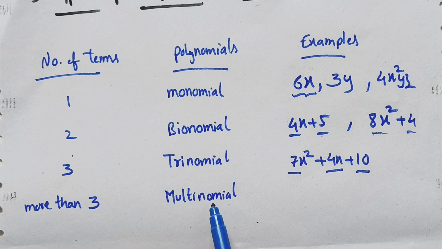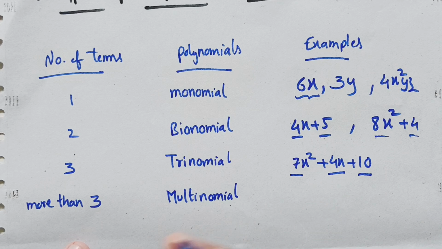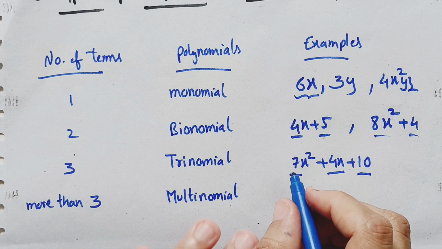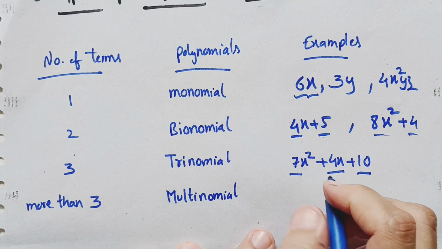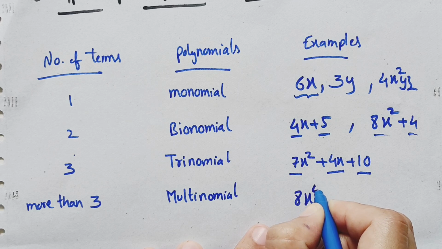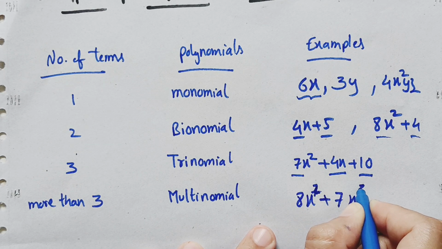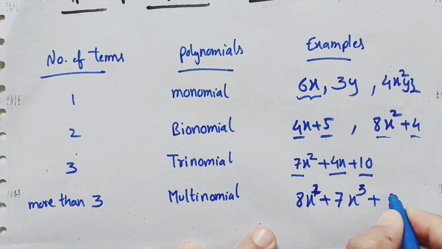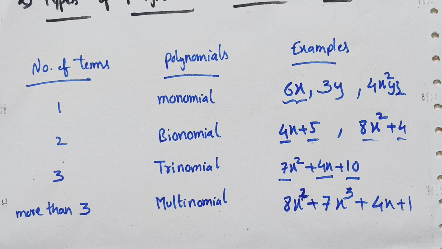If we have more than 3 terms, meaning 4 terms or 5 terms or 7 terms or 10 terms, then we call that polynomial a multinomial. Let's take an example for this multinomial. 8x power 7 plus 7x cube plus 4x plus 1. This is the example of multinomial.